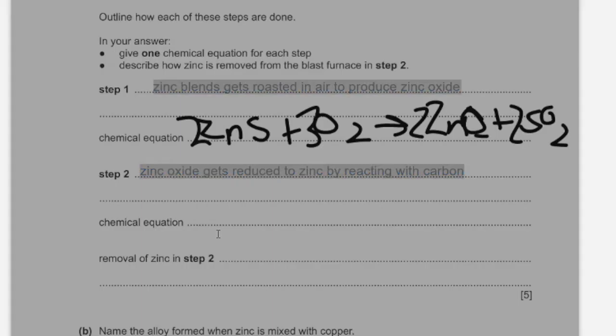Right, so we have our equation as zinc oxide reacting with coke, giving us zinc and carbon monoxide.